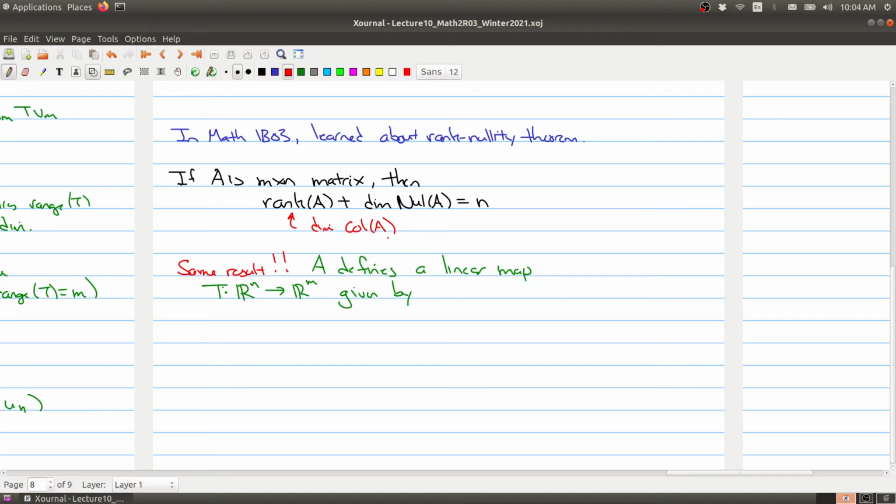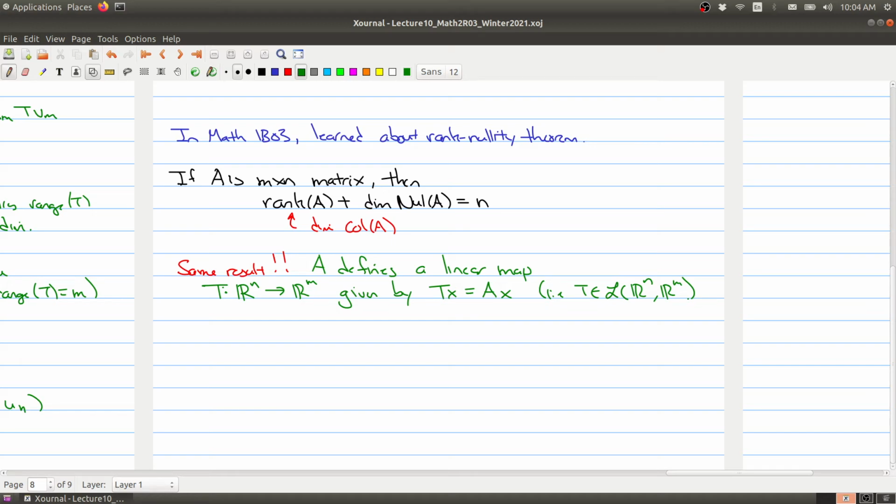So why is it really just a special case of the fundamental theorem? Well, look what happens. If you give me a matrix, that matrix defines a linear map from Rn to Rm by taking a vector x and sending that vector x to A times x, okay? So T is now a map from Rn to Rm.